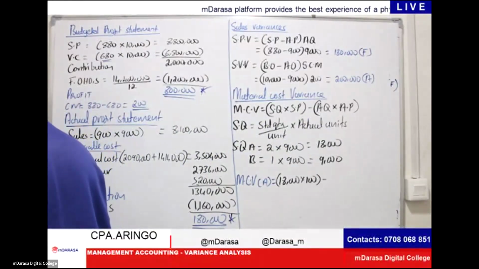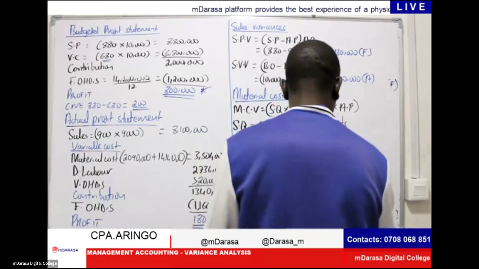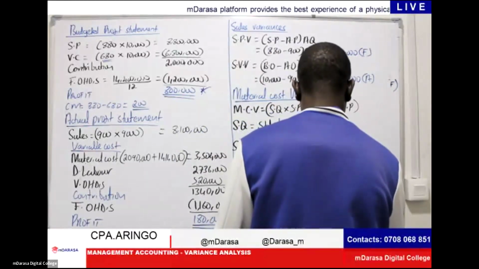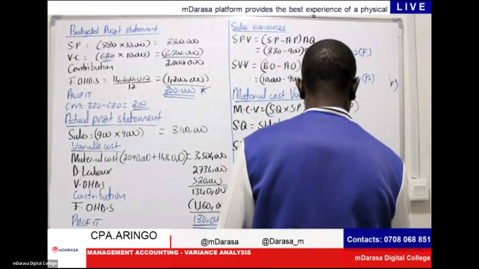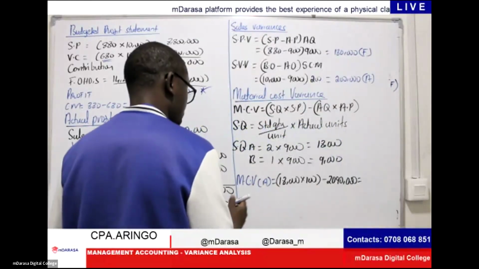Actual cost for material A, we are given directly as 2090.